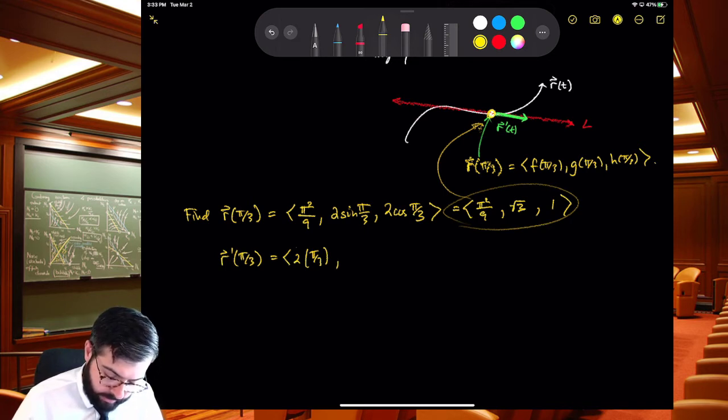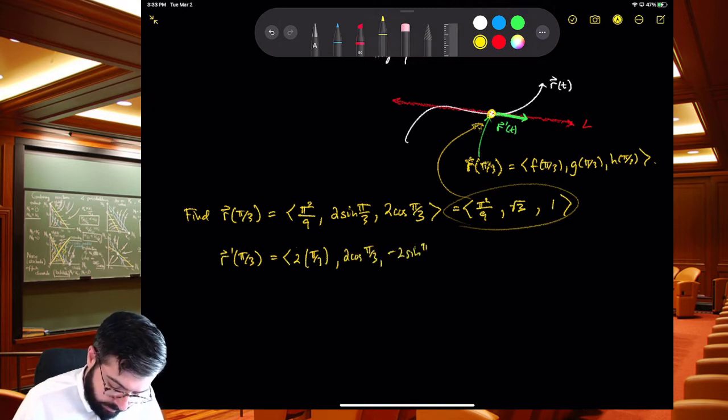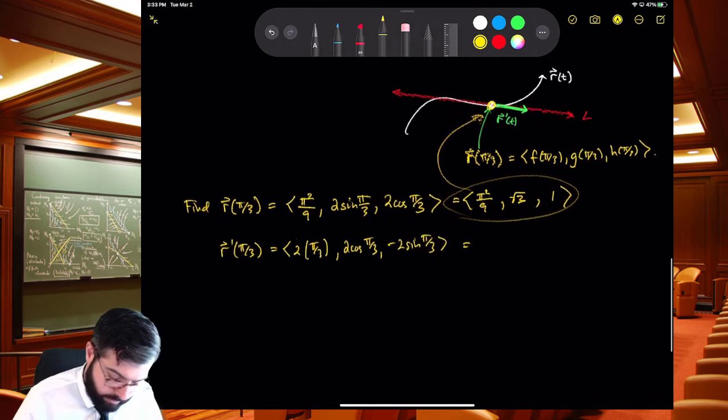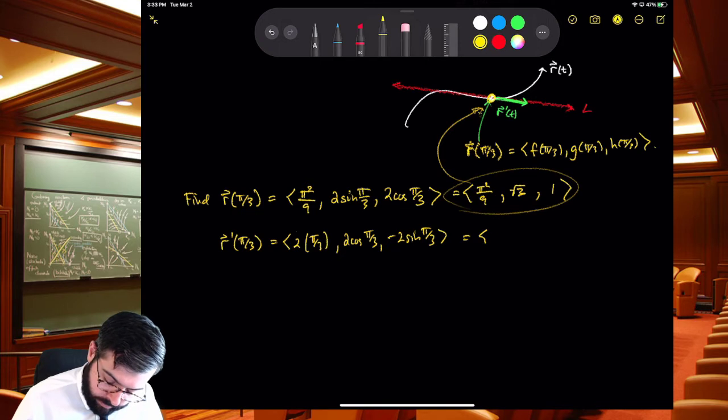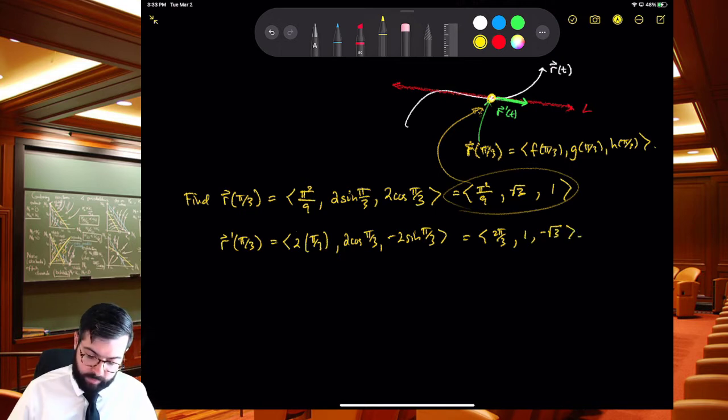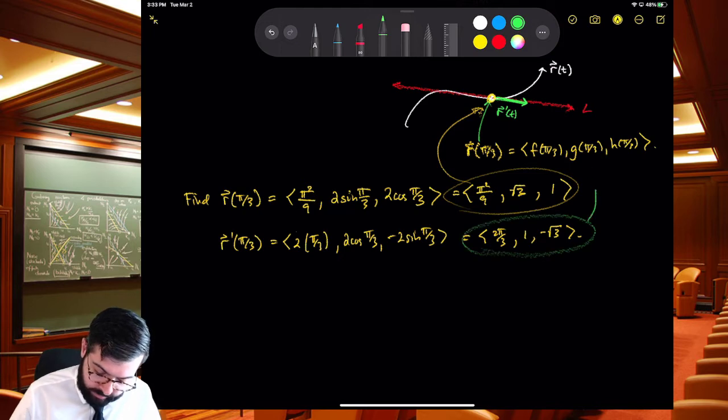This is 2 cos pi over 3, negative 2 sine pi over 3. So that's this guy right here.